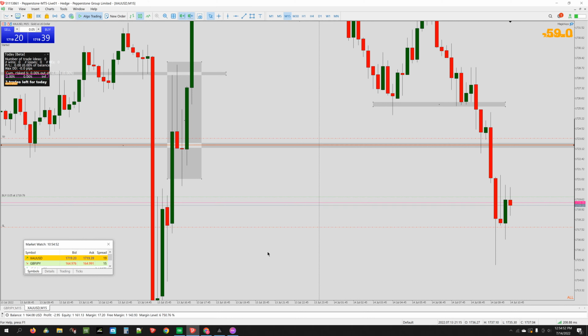I am just waiting for the candle to close in 5 more minutes. It seems like volume is dying in gold, as it happened yesterday.